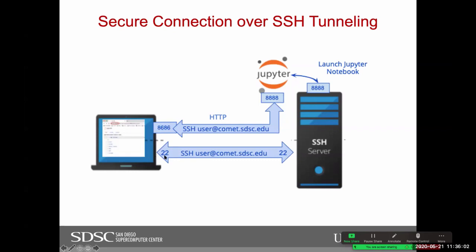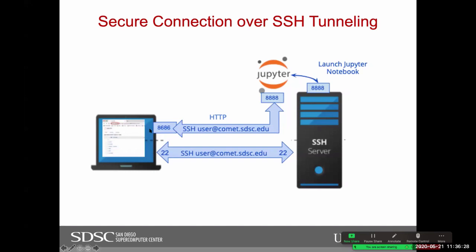So how does this look compared to that other diagram? You still have to log on to Comet through an SSH server so you can start launching your notebook. Then on Comet, you launch the notebook and keep track of certain pieces of information, like the port. Let's say you start it and you get a port number.